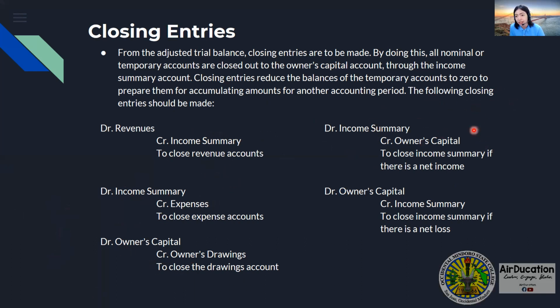So, dapat kapag yung revenue minus mo yung expense and drawings, yun dapat din yung magiging sagot natin dito. Okay? At kapag yung owner's capital naman, close natin siya kasi possible na magdagdag ka ng panibagong capital next year. Okay? Pag nag-close tayo ng owner's capital account, ang credit natin ay income summary account. And later, you will see the difference on how we close entries.